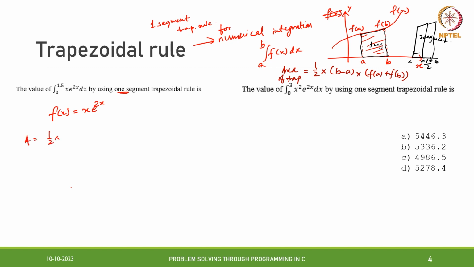What is the area? Half into 1.5 minus 0 multiplied by the value of f at 1.5 plus the value of f at 0. Okay, so how much is it going to be? Can you calculate it quickly?